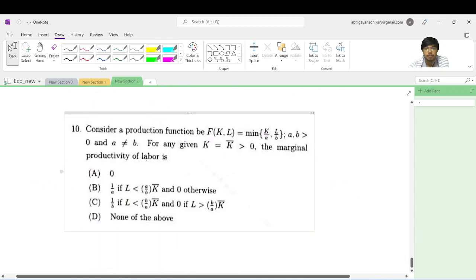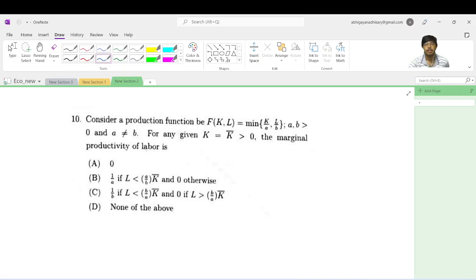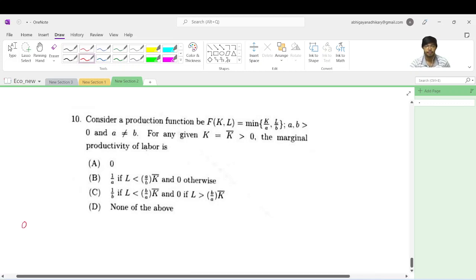Okay, a very simple question at hand. Now comes question number 10, the next one. Over here also we have a Leontief type production function where f of k comma l is equal to minimum of k by a comma l by b.